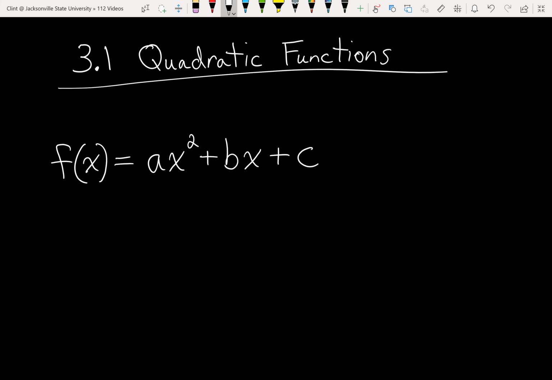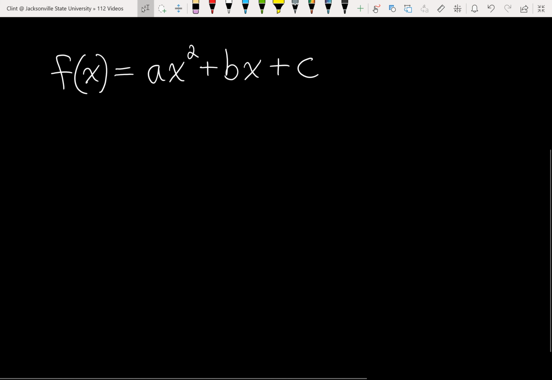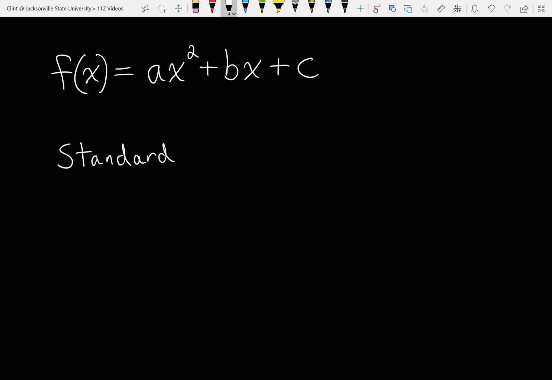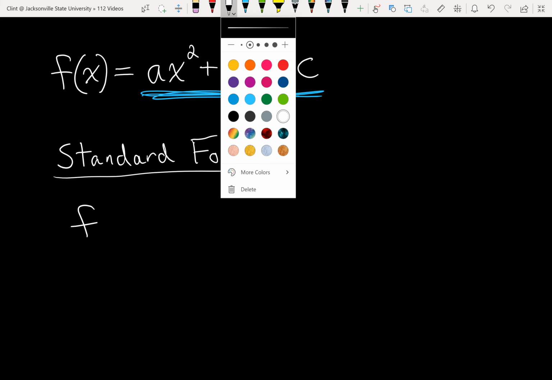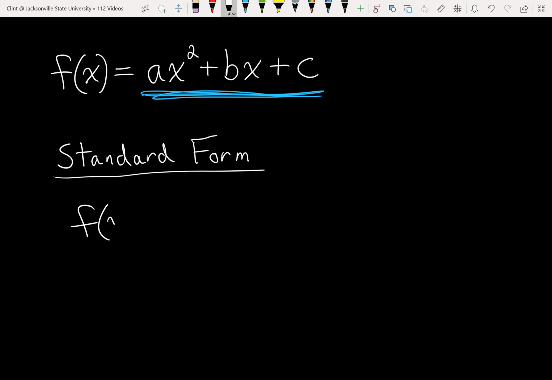But we want to start out talking about a different way we can write these functions, and that's what our textbook calls standard form. Some books call different forms standard form, but this is what our textbook calls standard form. So anytime you have a quadratic function written like we're used to seeing it, like the first one up here, you can use completing the square to rewrite it in this standard form.